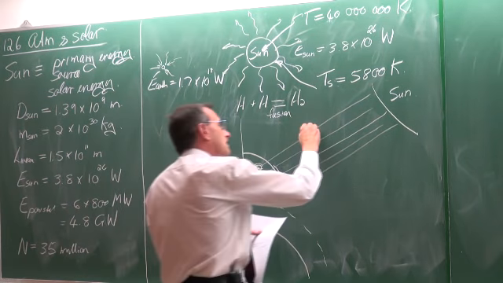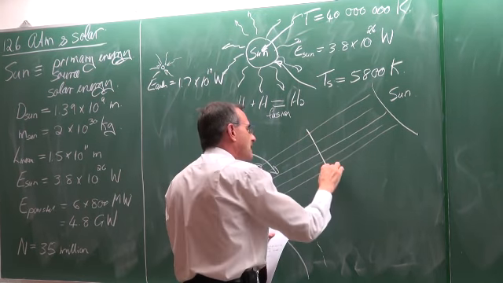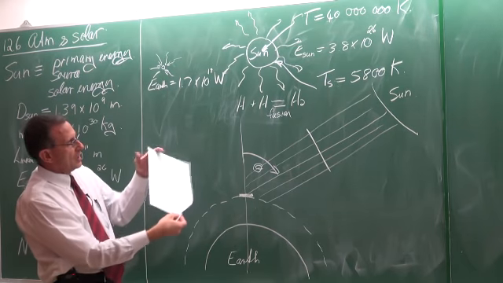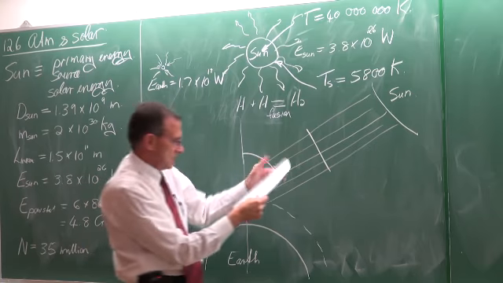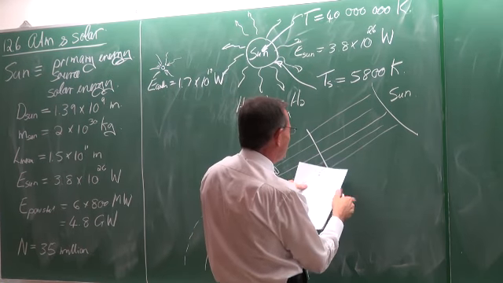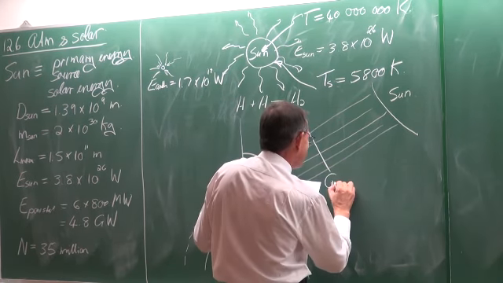Now, if we would measure the radiation at 90 degrees, then that radiation is called the Gs.